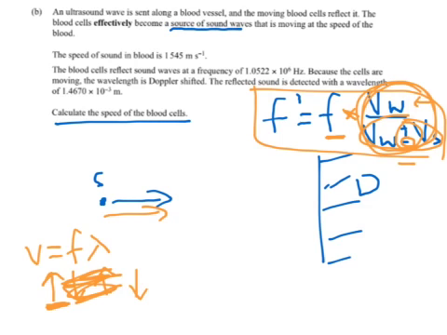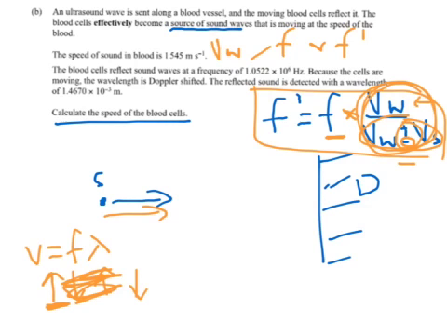The speed of sound in blood is 1,545 meters per second. That's the velocity of the wave, the sound wave. The blood cells reflect sound waves at a frequency of 1.0522 times 10 to the 6 hertz. Okay, which frequency is that? Is that F or F dash?